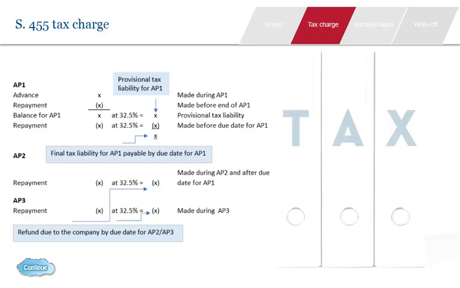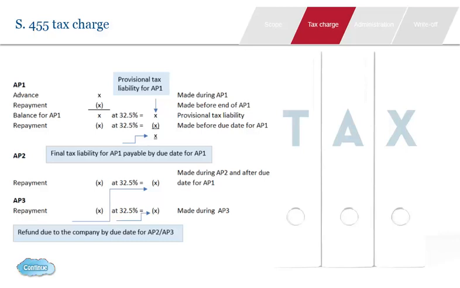Next, we deduct from the provisional tax liability the tax value of any repayments made after the end of AP1 and before the due date for AP1. This is the final tax liability for AP1, and it is payable to HMRC by the due date for AP1.